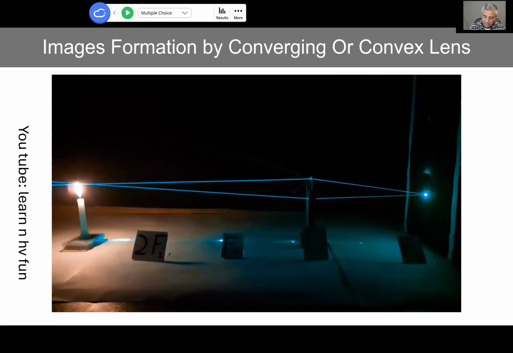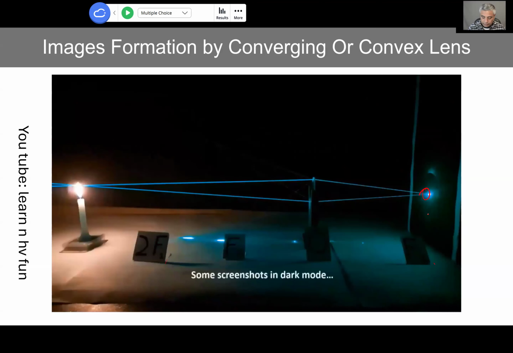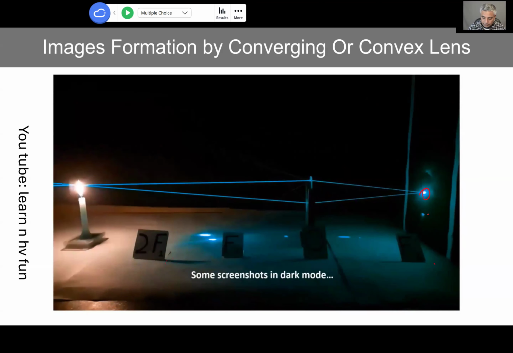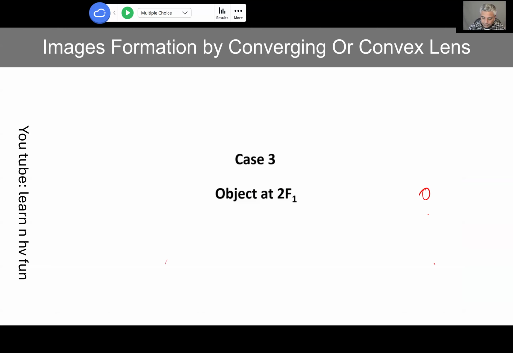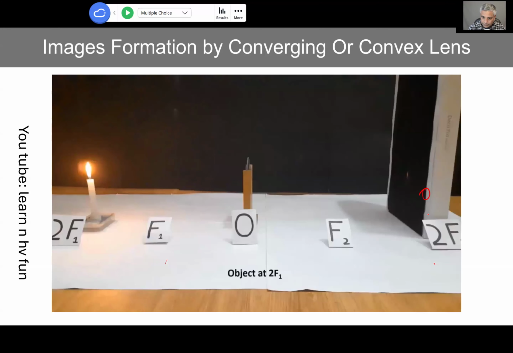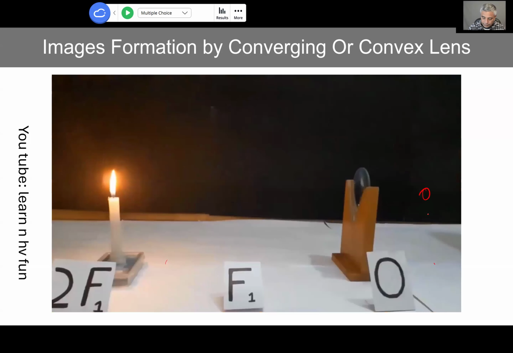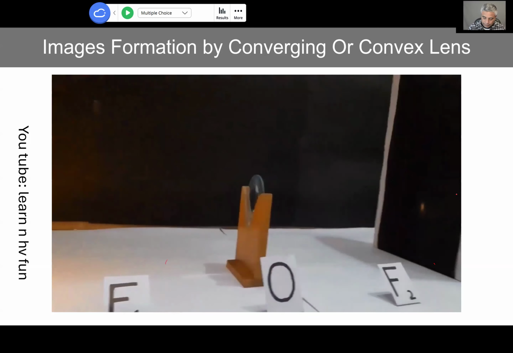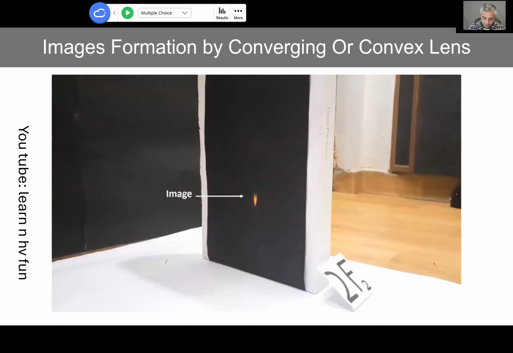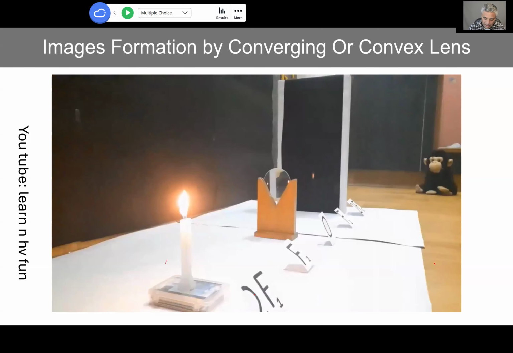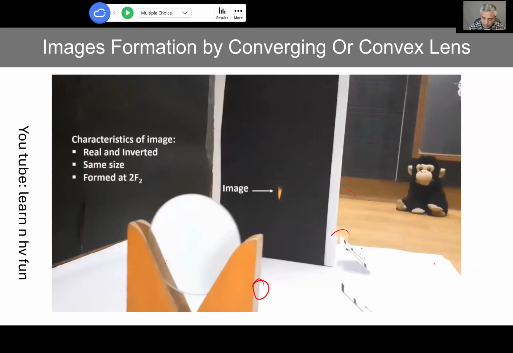So that's where these lights meet. Now object is exactly at 2f and image is also exactly at 2f. See that?